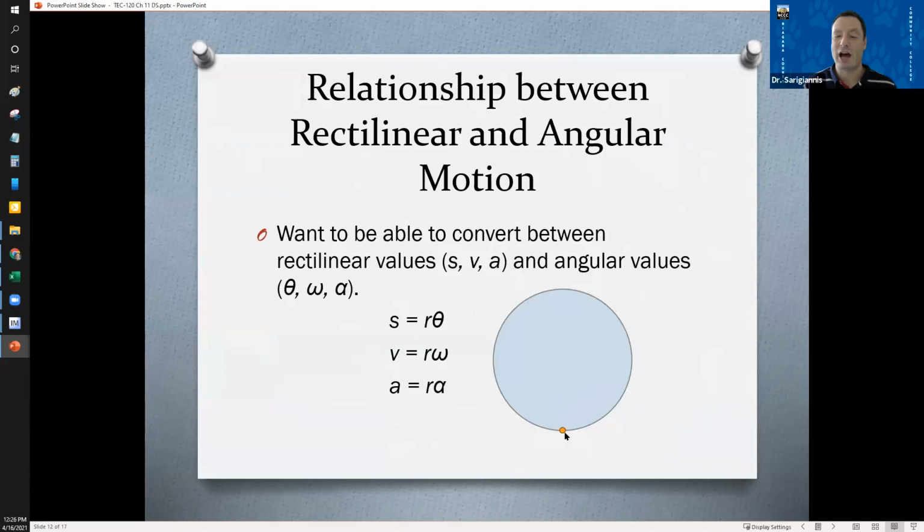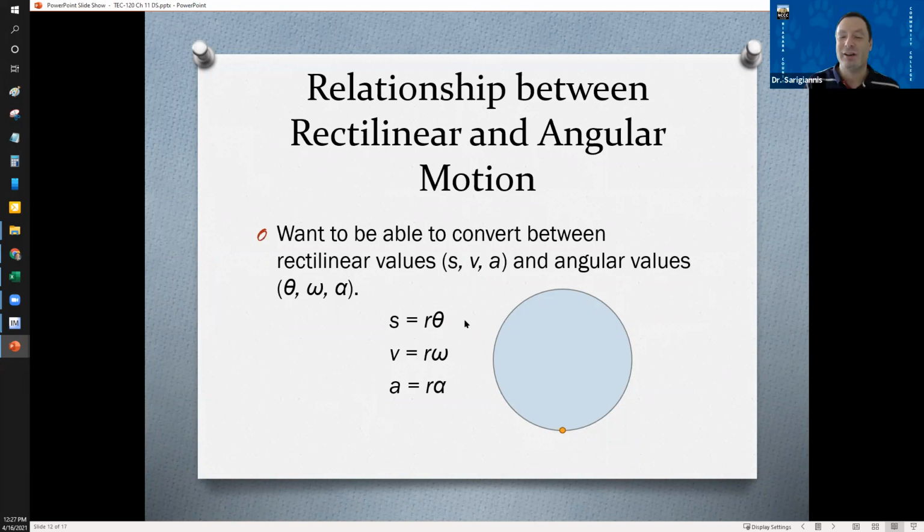See this little orange dot? It starts here. It makes one revolution along the ground, and it ends with the dot back on the ground. So it's revolved one time. It's gone through 2 pi radians of rotation. The distance is r times 2 pi.